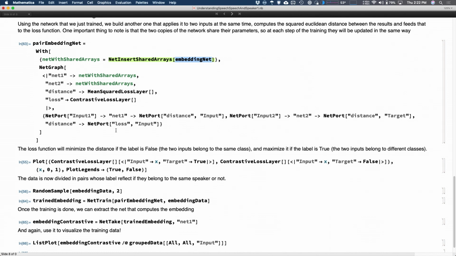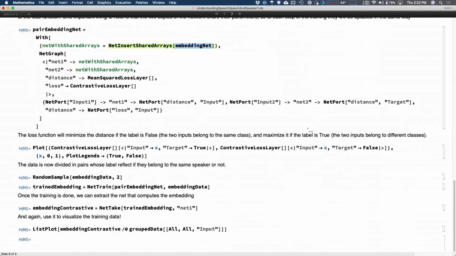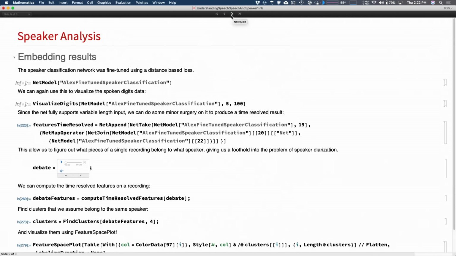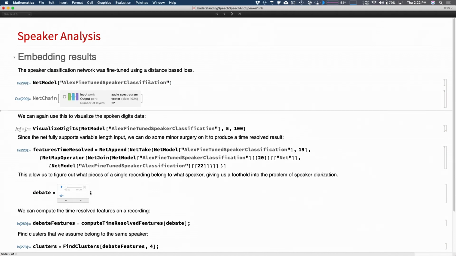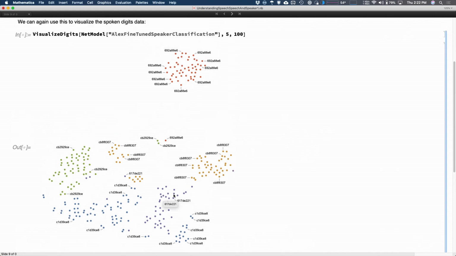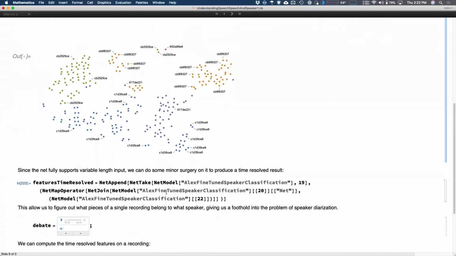Now, what we can do to improve the situation is to do contrastive loss training. So the idea is that you feed this network with pairs of inputs, and you want the embeddings for these pairs of inputs to be closer if they belong to the same class, or further away if they belong to different classes. Here I am just taking the network that I have already trained, inserting it in a graph that has 2 inputs, and I make sure that these 2 copies of the net share the parameters, so that the training happens synchronously in both of them.